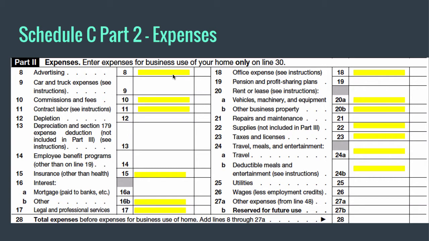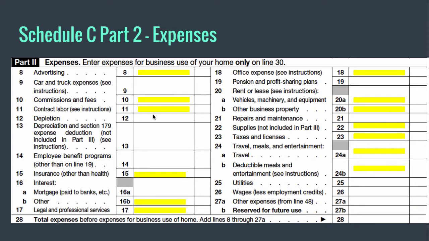Advertising costs, so things like Facebook ads, Google ads, ads in print magazine, anything like that is going to go under advertising. Commissions and fees is something if you paid out a company a commission or a finder's fee or something like that, that could be considered to go into that category.